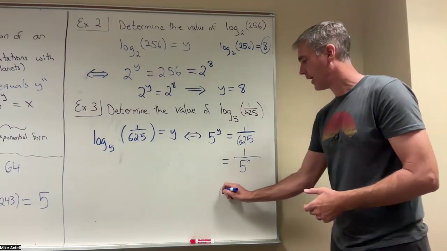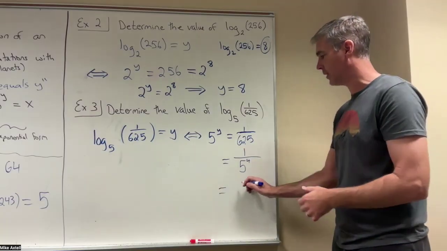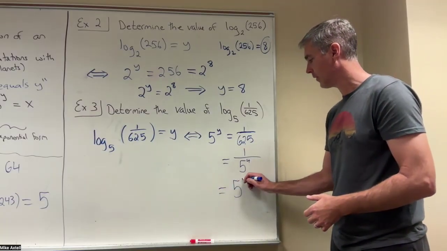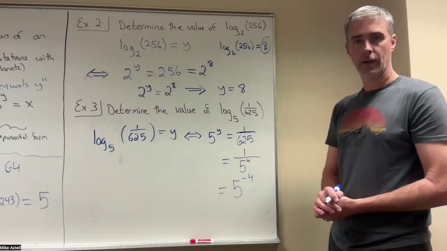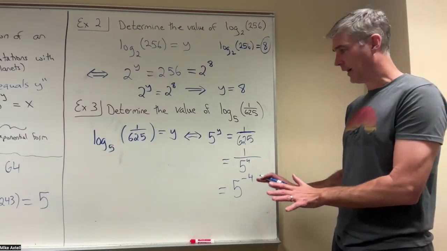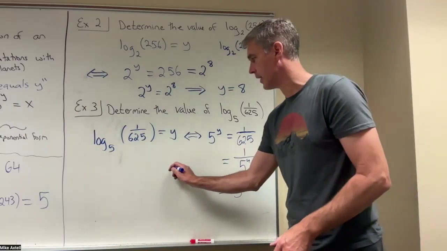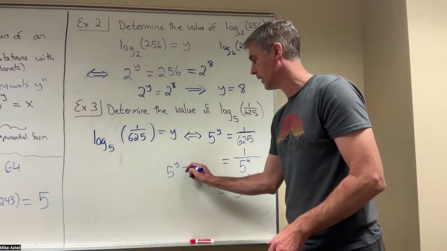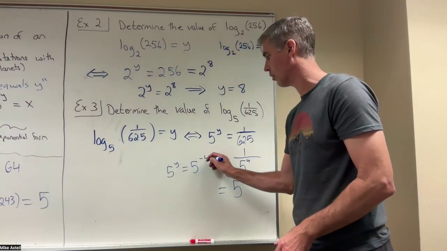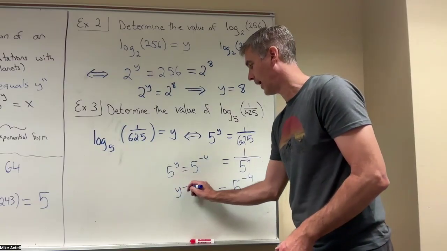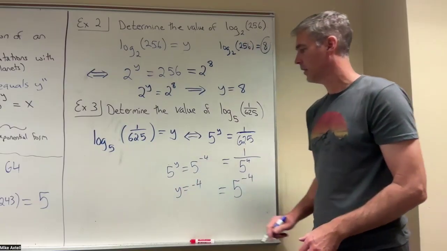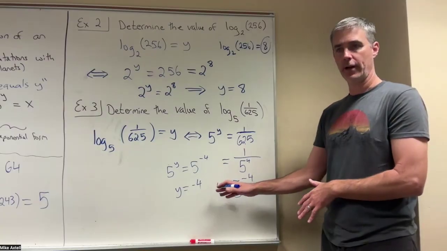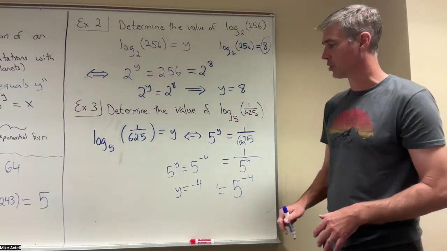And I could bring that 5 to the fourth out of a denominator by writing it as 5 to the negative 4. So I think what I've just determined here is that 5 to the y equals 5 to the negative 4. Well, so then y has to equal negative 4. So I think we've discovered the y value, or the output of this function.